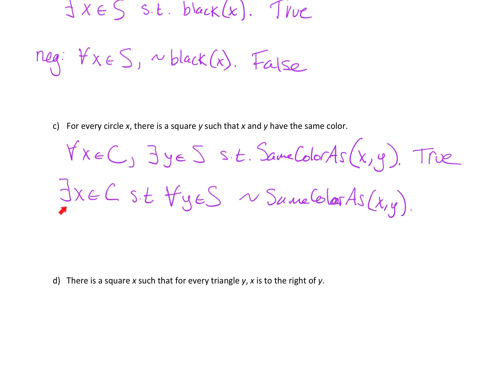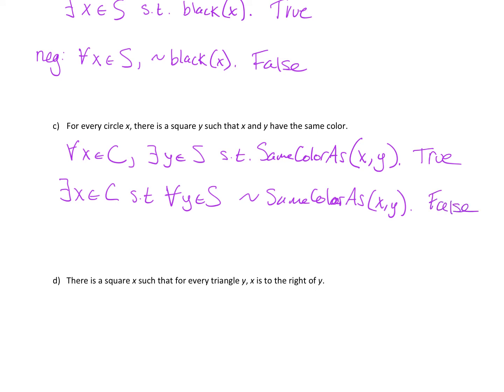So this says there exists a circle such that for all squares, they are not the same color. And that is false because it has to have the opposite truth value.